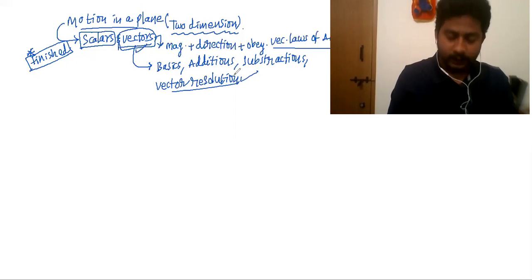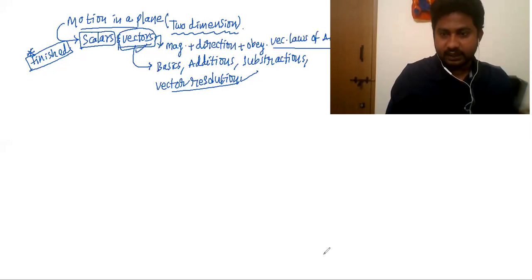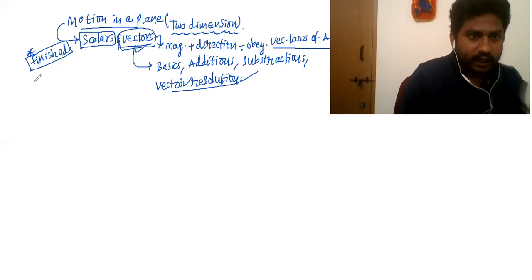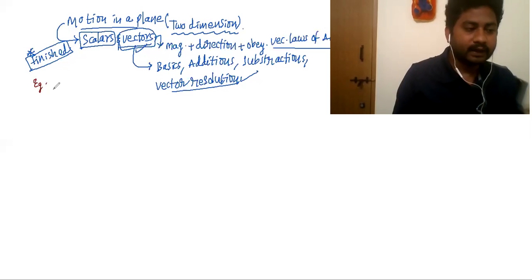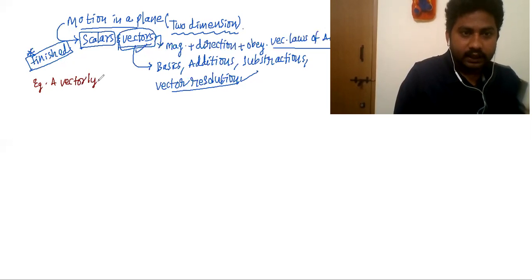Now, for your better understanding and for a simple revision, let us take a simple numerical example. A vector is given. Listen carefully: a vector lying in the xy plane.